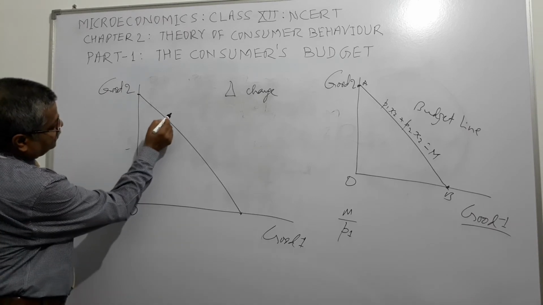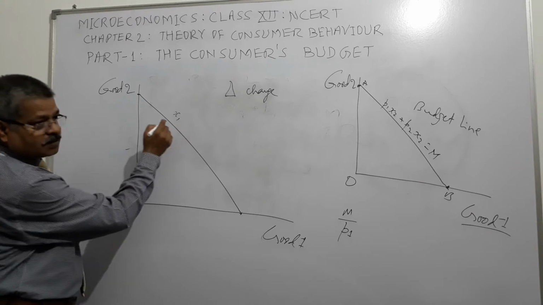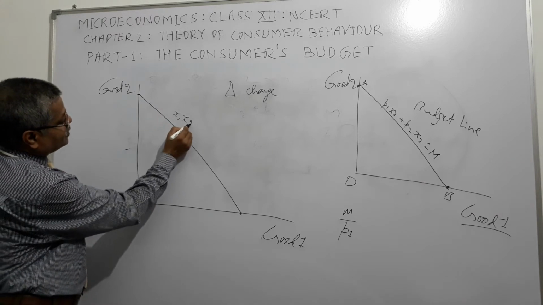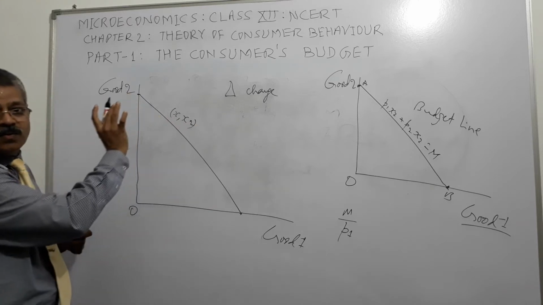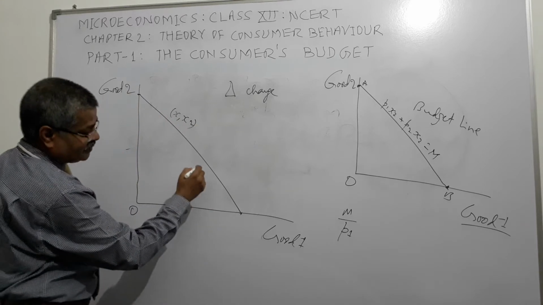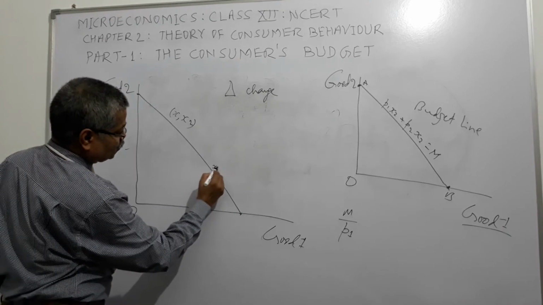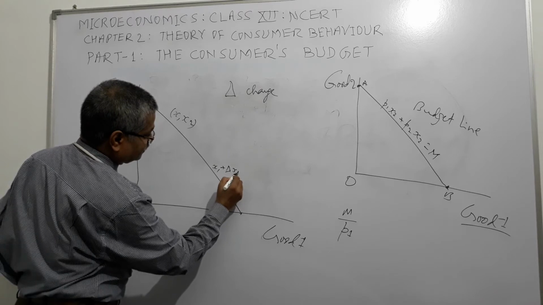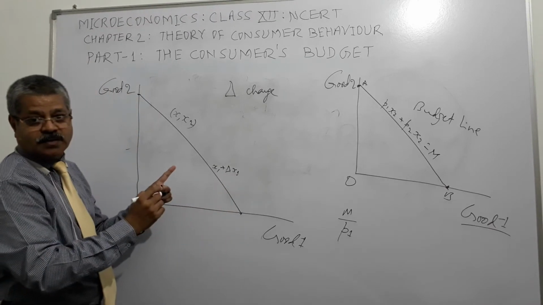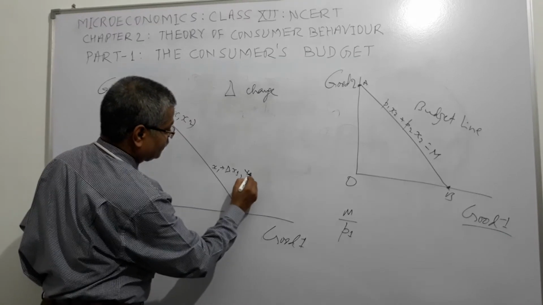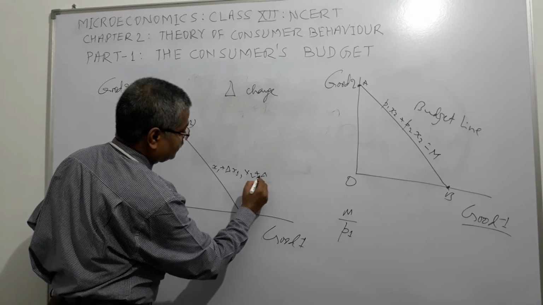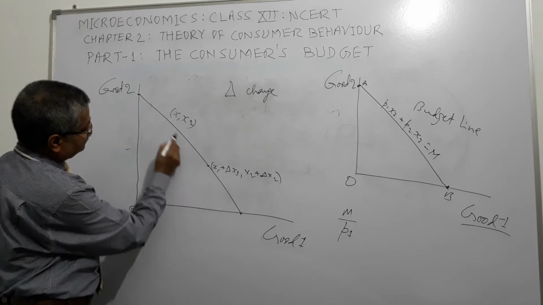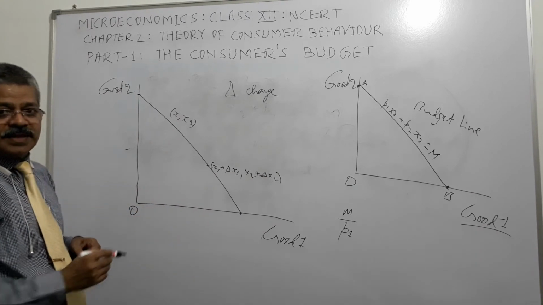Suppose this is the point x1, x2, right? And here there is a change. So, x1 plus delta x1, x2 plus delta x2. One point is this, another is this, right?